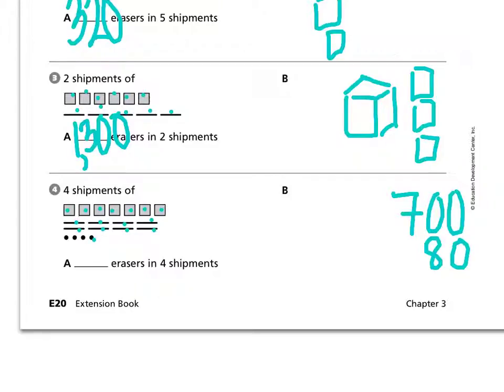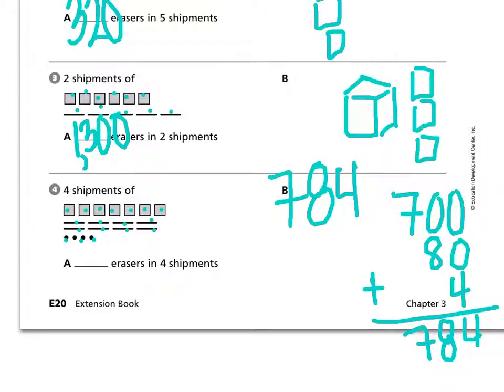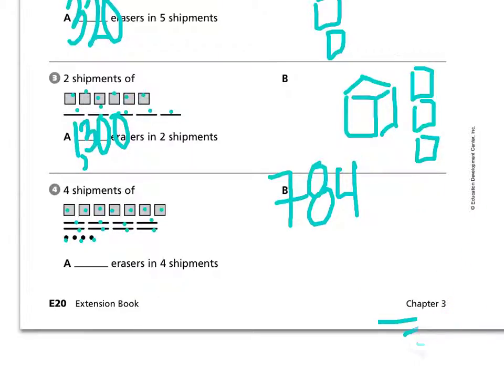And I have 1, 2, 3, 4 individuals. So I'm going to add that up. And I get 784. But I need to take that and multiply it by 4 because I have 4 shipments, not just the 1. So let's multiply.